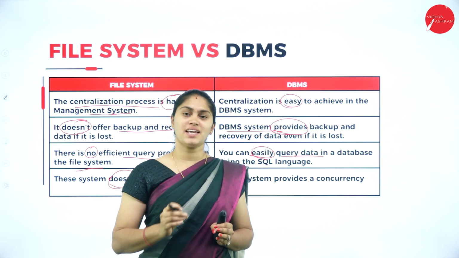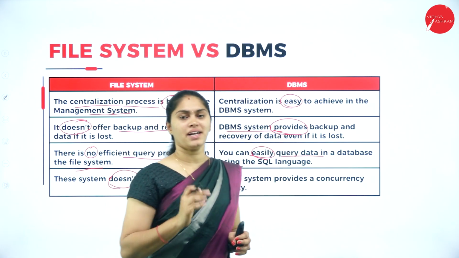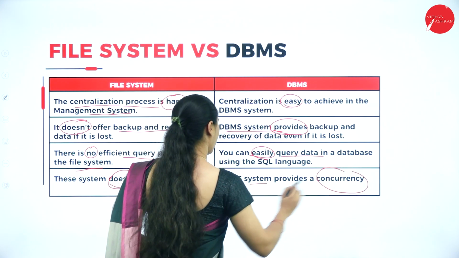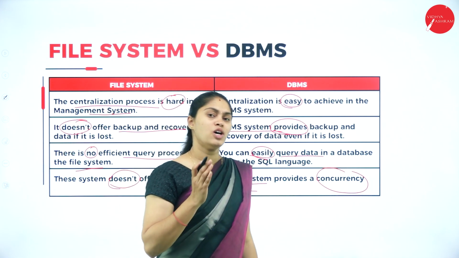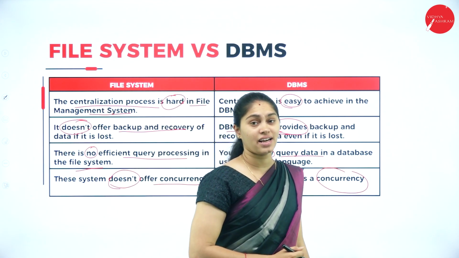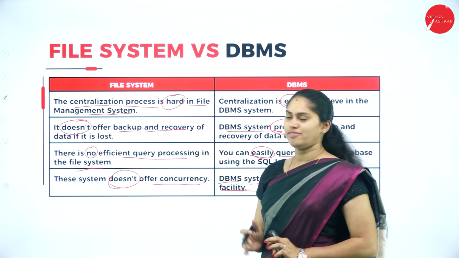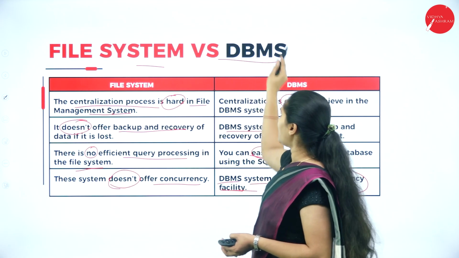Simultaneously accessing the same content at the same time. That is not possible in the file system, but it is possible in the DBMS. It provides a concurrency facility, and we also have certain concurrency control mechanisms. With their help, we can have concurrent execution in the DBMS, but not in the file system. This is what makes the difference between the file system and DBMS.